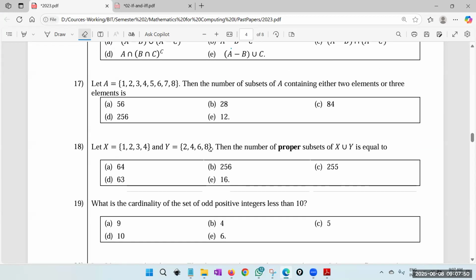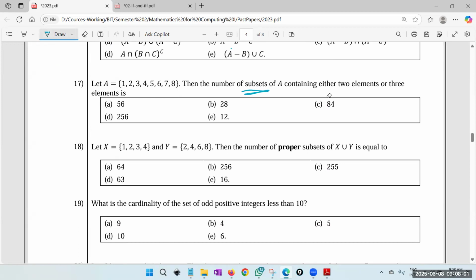Right, next one. Question number 17. Let A be 1, 2, 3, 4, 5, 6, 7, 8, then the number of subsets of A containing either 2 elements or 3 elements is. That is more like combinations and permutation, right?